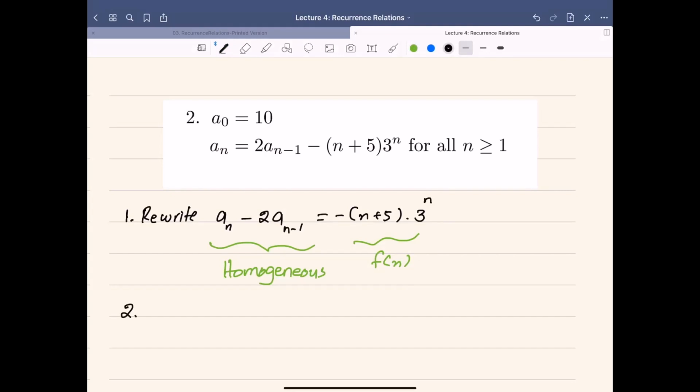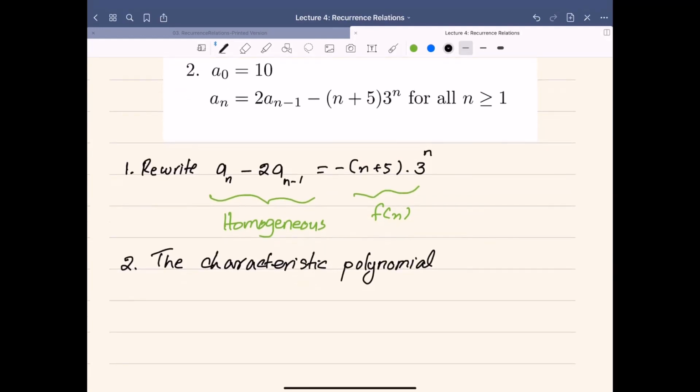Step number 2, find the characteristic polynomial. First we need to find the root from the homogeneous part, which is x minus 2, and then we need to find the root from the non-homogeneous part, which is (x minus 3) raised to power 2.